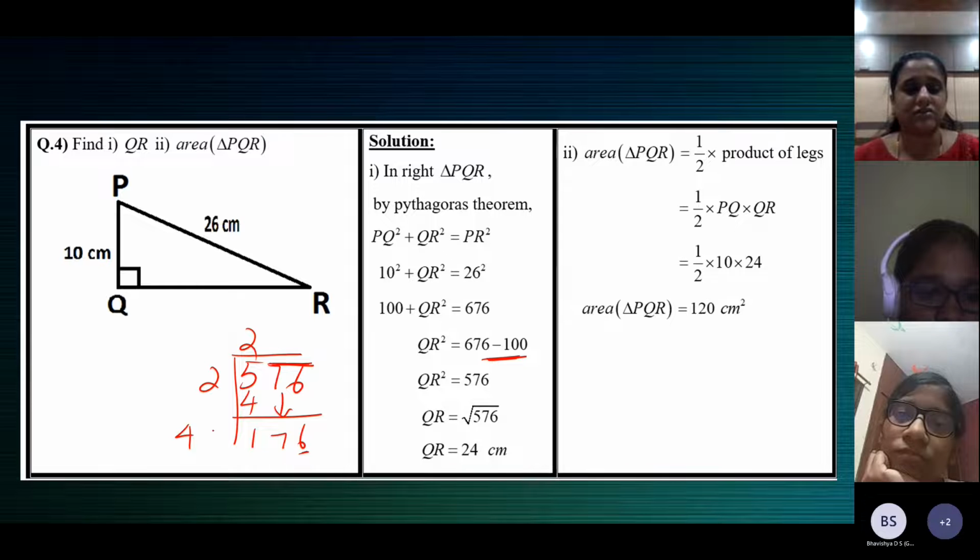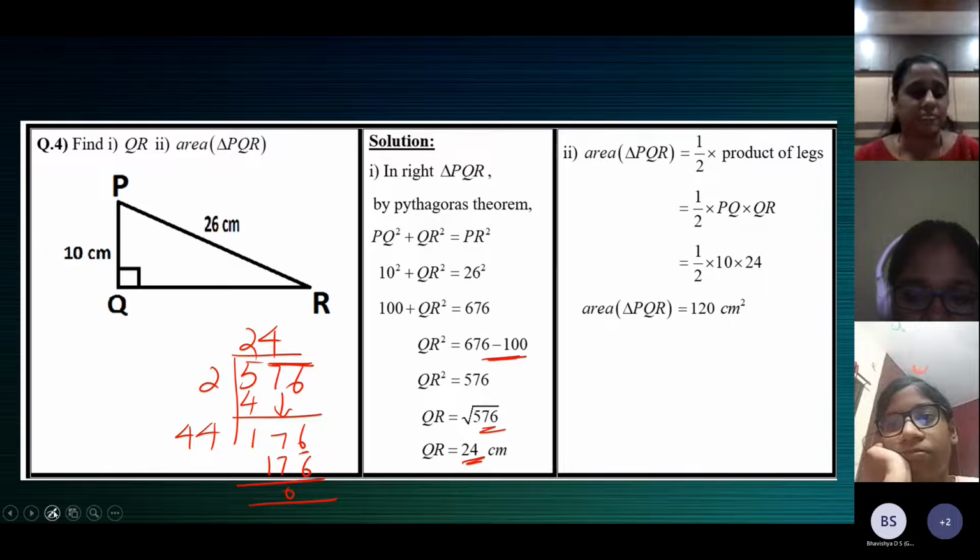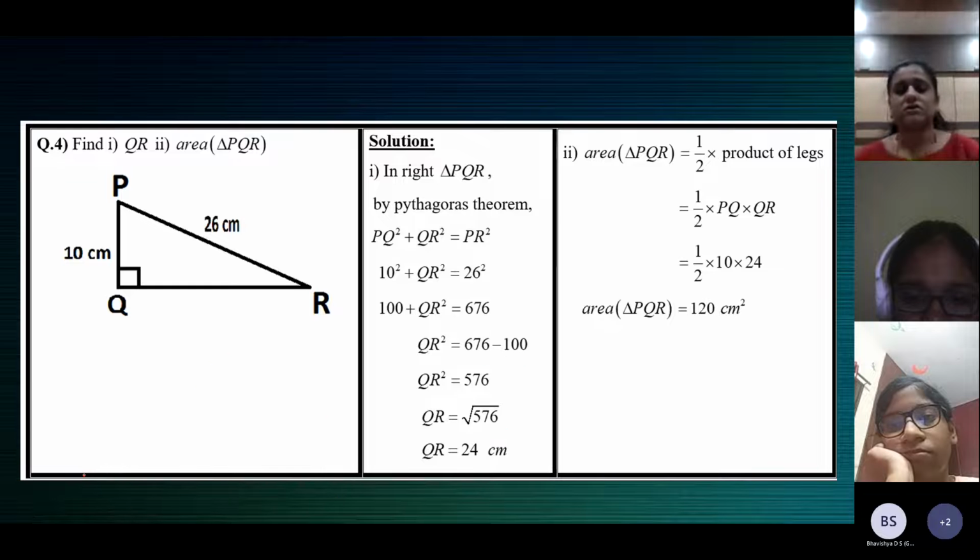I'm trying 4. So 4 4s are 16, 176. So the square root is 24. You can do this in the rough column, or show it as part of your main work also, nothing wrong with that. So now we found the length of QR.